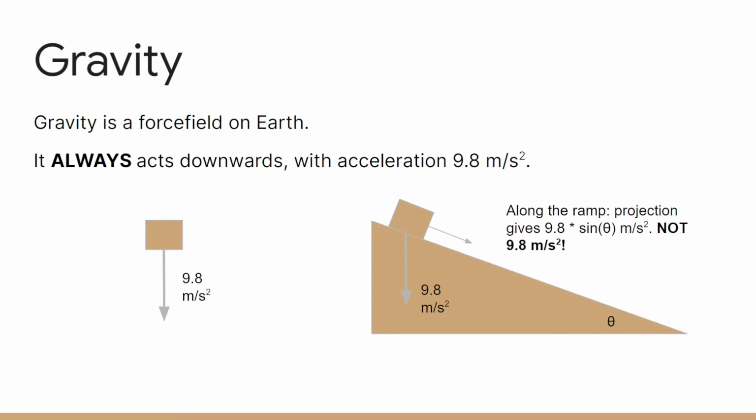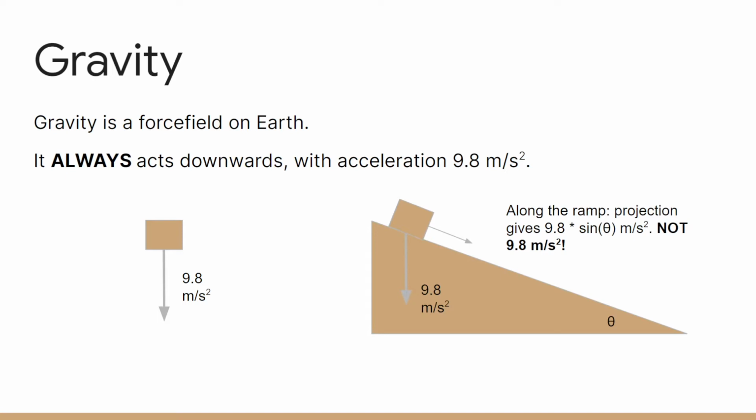You're going to have to look at vector projections, and those are basically when you're decomposing a vector into certain directions, right, to analyze its motion along a certain direction. And in this situation, you're trying to decompose the vertically downwards acceleration into one component that's pointing along the ramp.